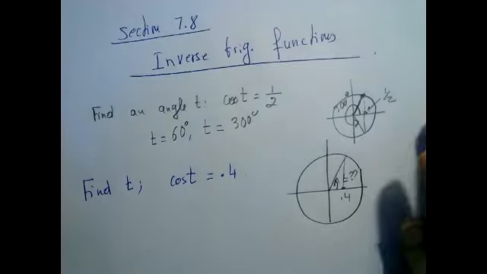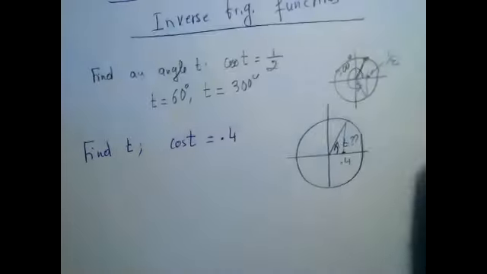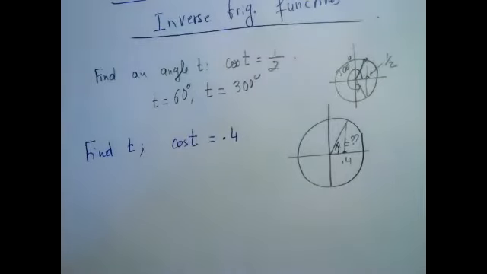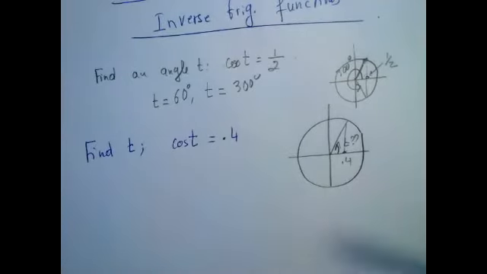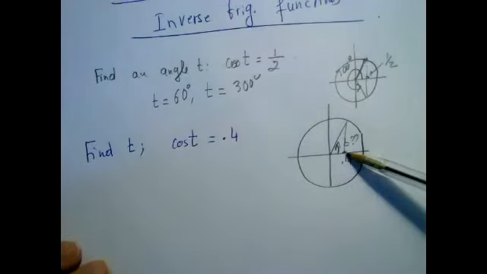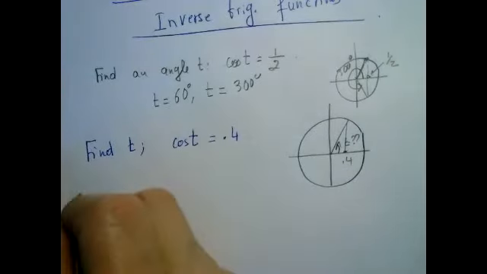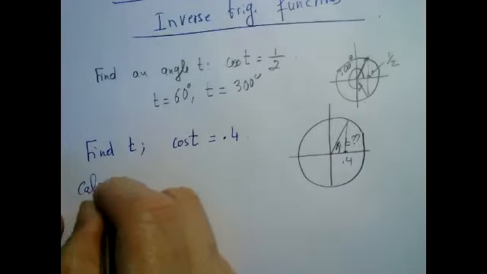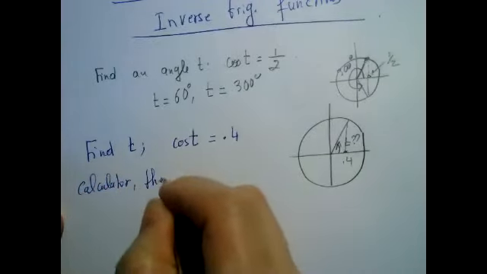Now, this is a hard problem, of course, but on our calculator, we have a function that will give me the angle whose cosine is 0.4. So we're moving really backward now. I'm giving you the cosine, I want the angle. So on our calculator, simple as that, because those are hard questions.